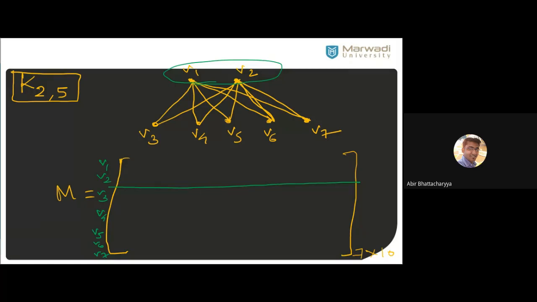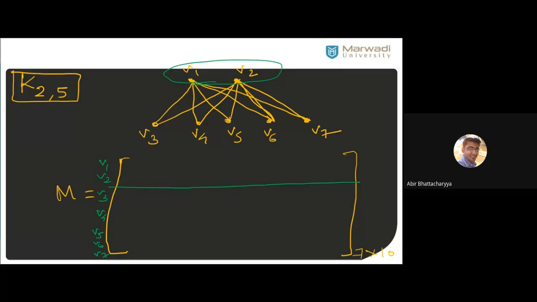Make a block. And another block you have to create over the edges. So how many edges are there? 10 edges. 10 edges means we will divide it into 2 parts, 5 plus 5. Why 5 plus 5?